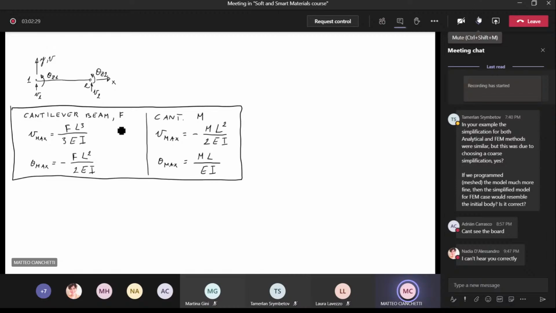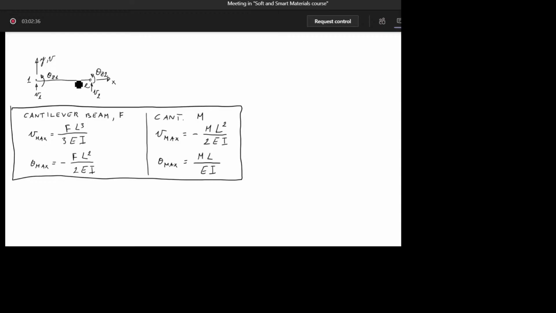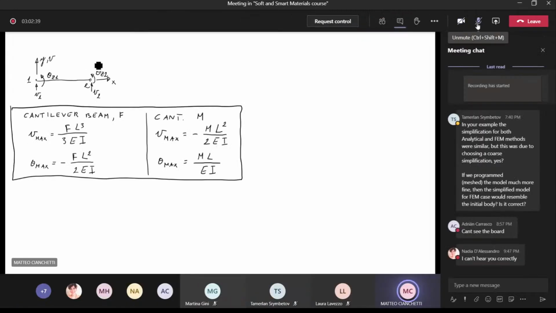3 degrees of freedom. Can you say the names of the degrees of freedom? Actually, I think there are... sorry? So, in this case, we define X, but the degrees of freedom are the ones that I indicated here, because in the Euler-Bernoulli theory, the shear deformation is not considered.